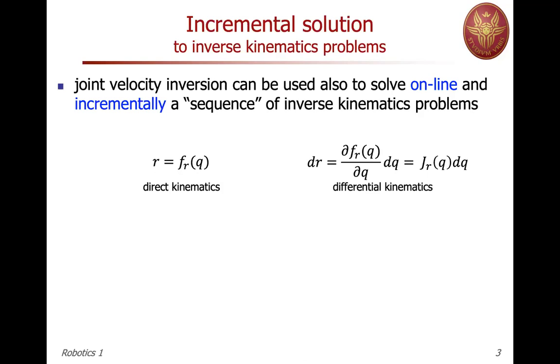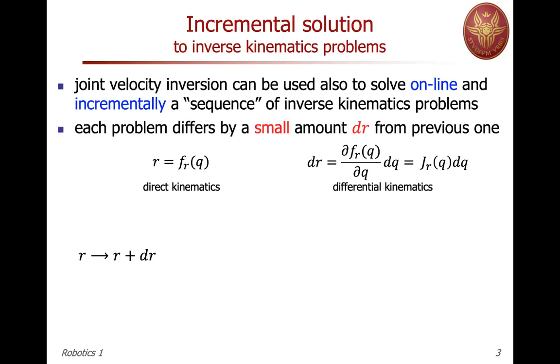What is the relation between these two? Suppose that we are in a given configuration, at a given pose R, and now we would like to modify slightly, by a small amount, where we are in the Cartesian space or task space. So we move from R to R plus dr.